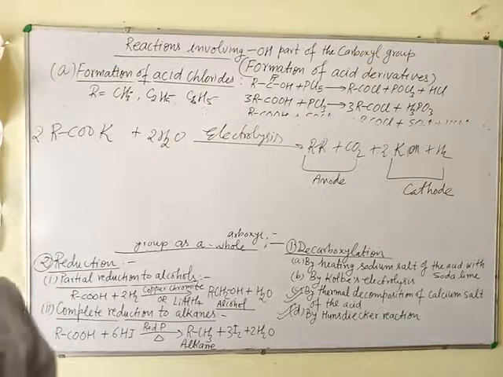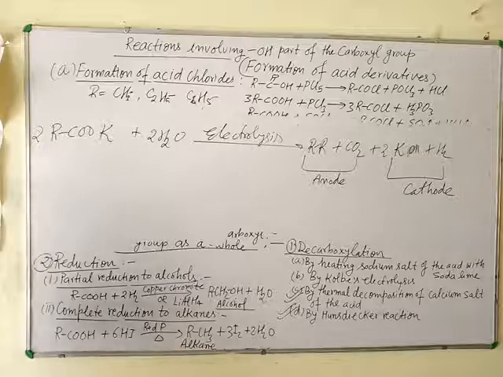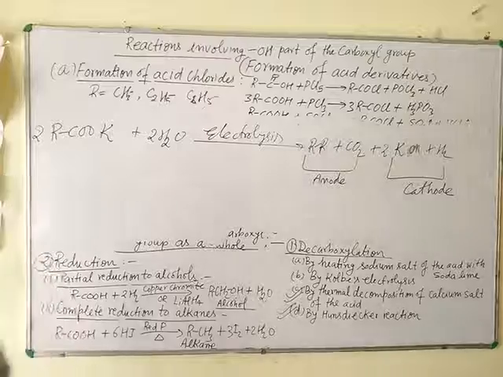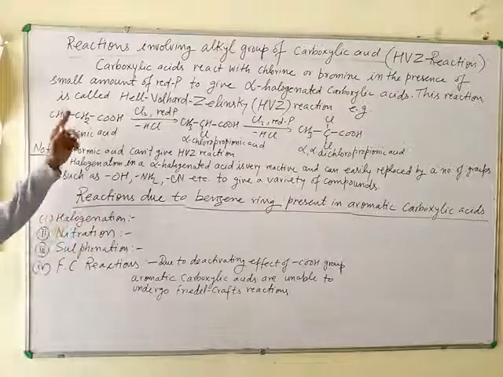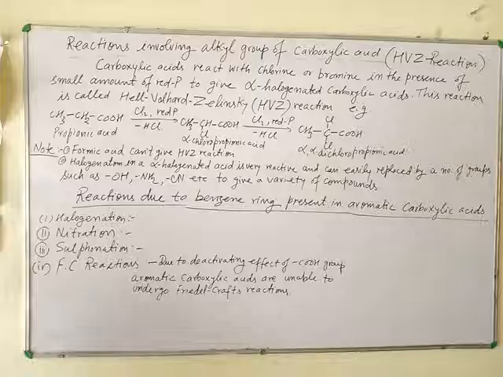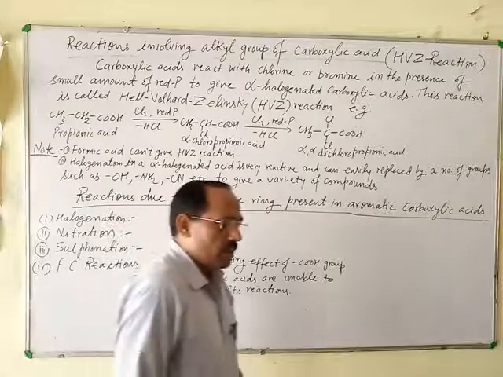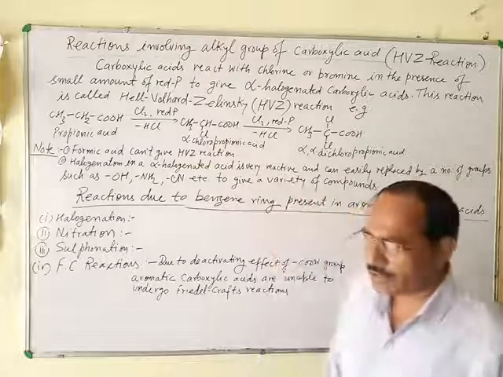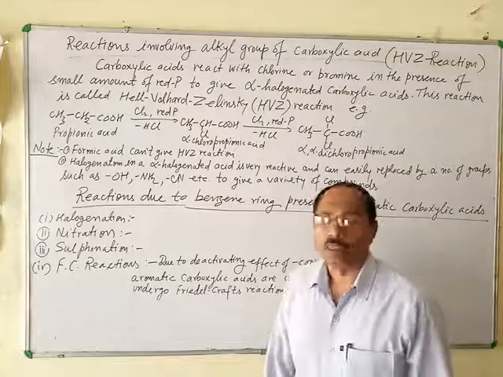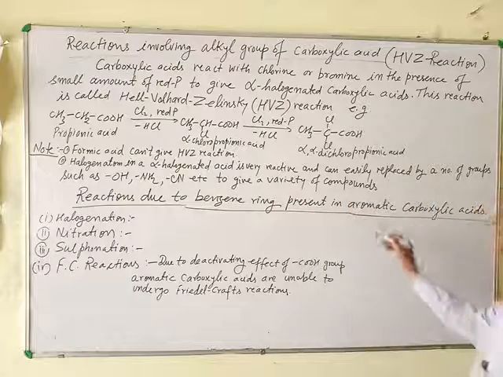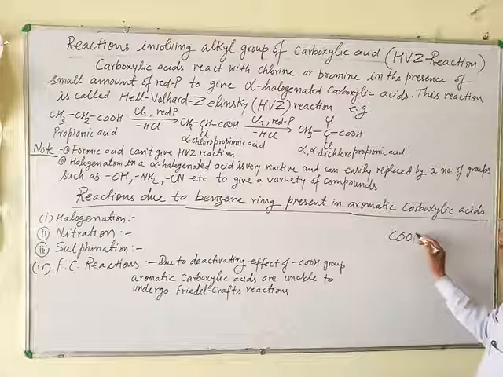Now the next type of reaction is the reaction of carboxylic acid involving the alkyl group, that is, the HVZ reaction. In this reaction, only the alpha hydrogen of carboxylic acid gets replaced by chlorine or bromine. Then what is alpha hydrogen? This is the carboxylic group, COOH group.